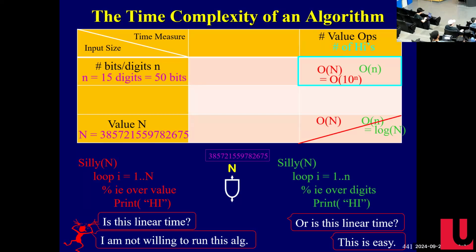Then we have the high school method for multiplying. I can take two primes, P and Q, and multiply them together, where I'm just looking at their digits. I'm never considering the value. Versus if I have P times Q and I want to factor it and find P and Q, the only way we know how to do it is to count up to Q. You try dividing by 2, 3, 4, 5.